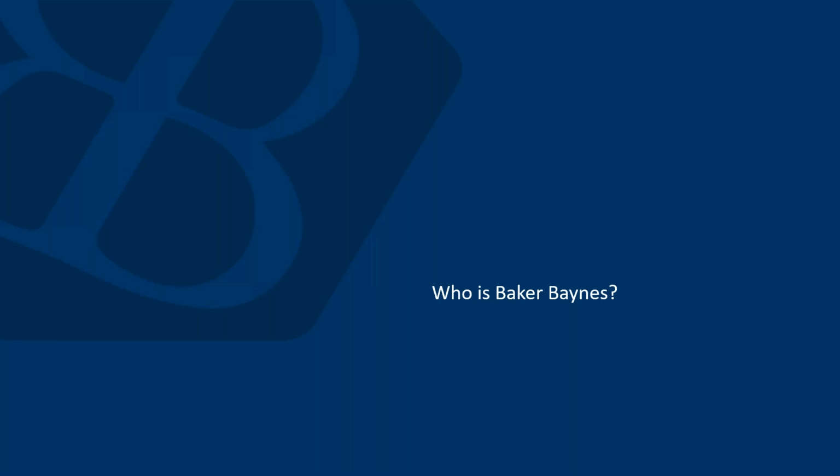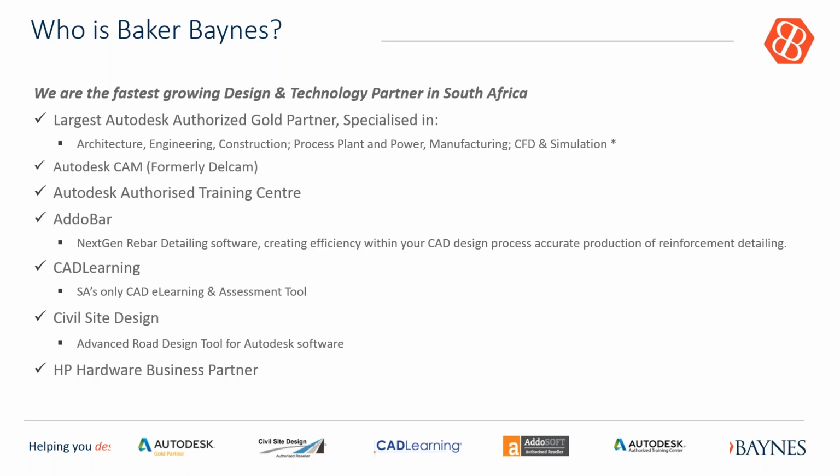So we at Baker Paints, we are the largest and fastest growing design and technology partner in South Africa. We are an authorized gold partner with Autodesk, and we specialize in architecture, engineering, construction, process plant and power, manufacturing, safety, and simulation.